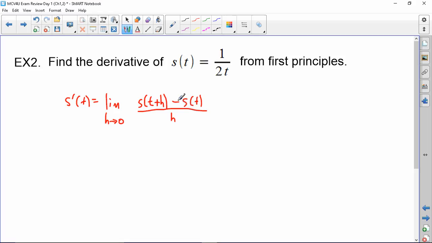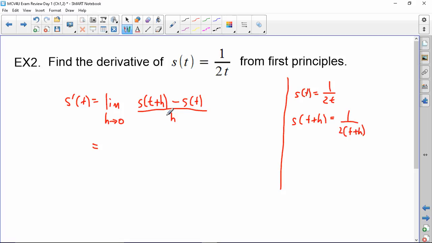This is the rise and this is the run. Over here, s at t is just 1 over 2t. S at t plus h then is 1 over 2 times t plus h. And I substitute those things in.